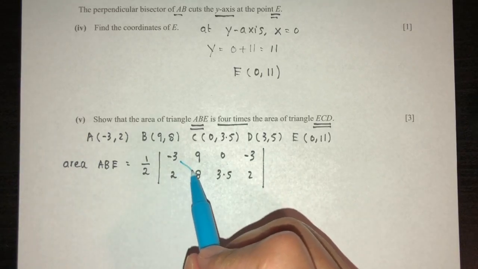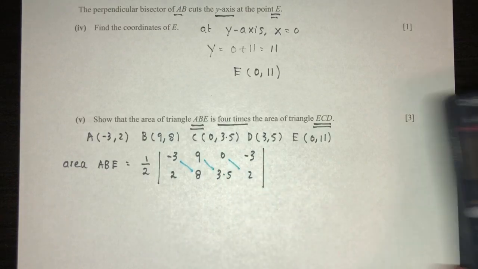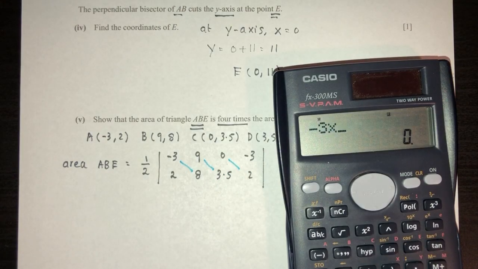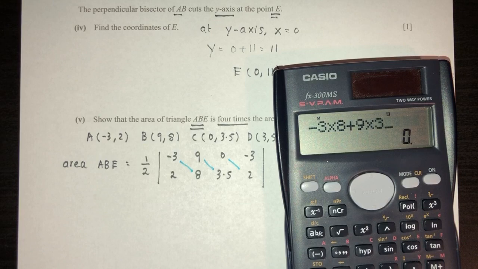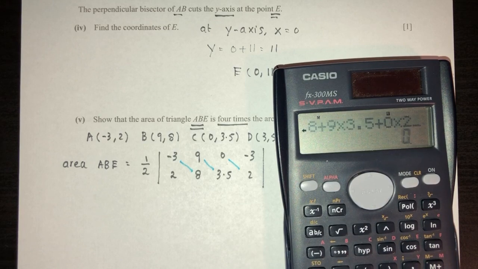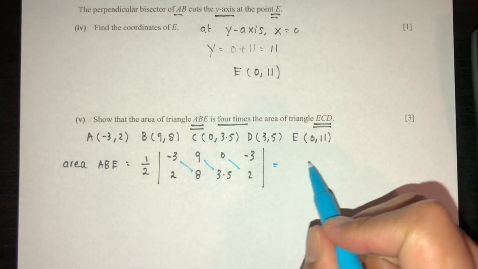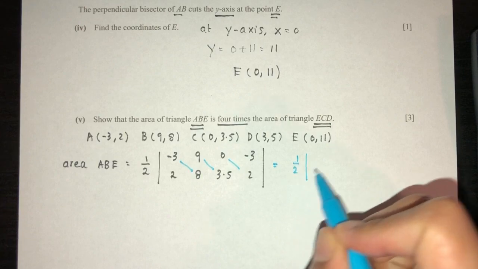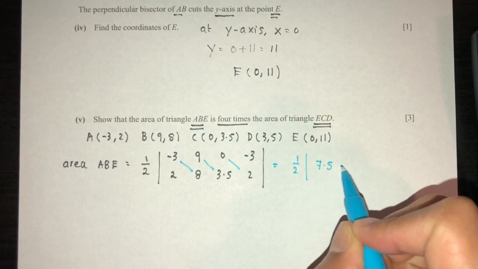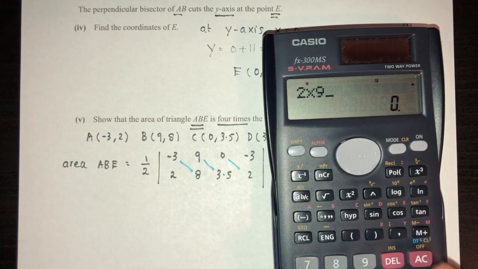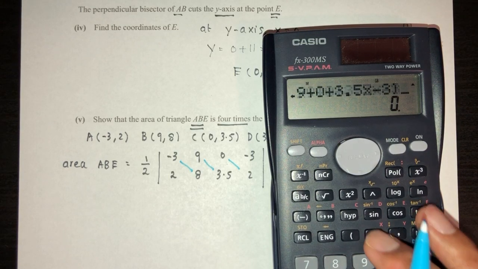Now we have to multiply in this direction. So minus 3 times 8 plus 9 times 3.5 plus 0 times 2. That will be, so half again, modulus 7.5 minus 2 times 9 plus 0 plus 3.5 times minus 3.